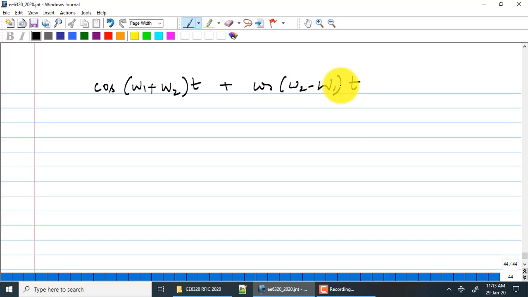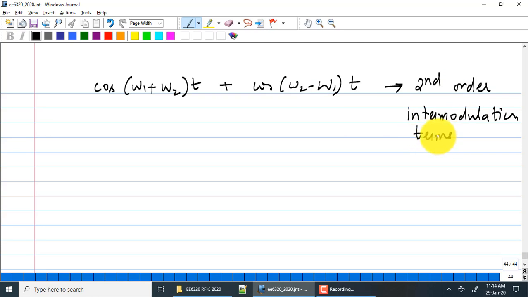So these are called second order intermodulation terms, or IM2 terms. Okay.